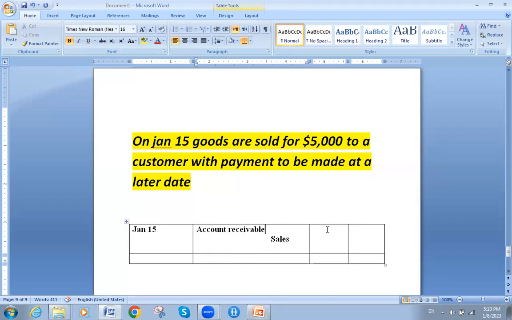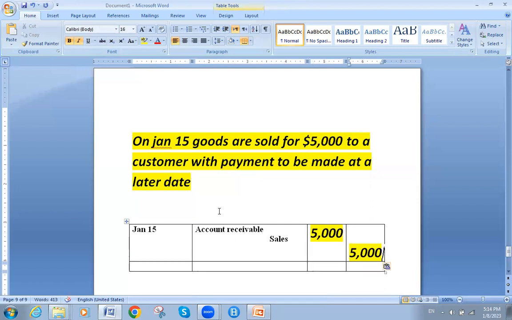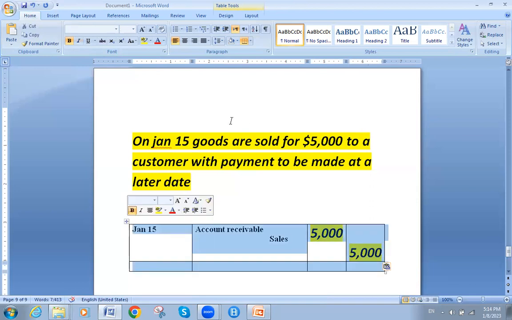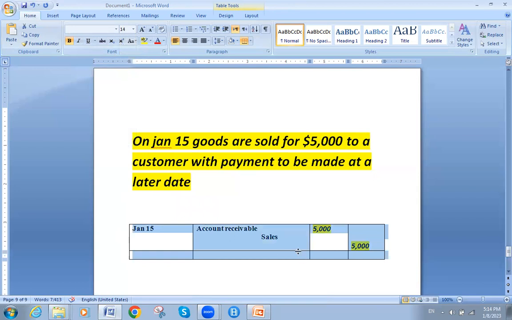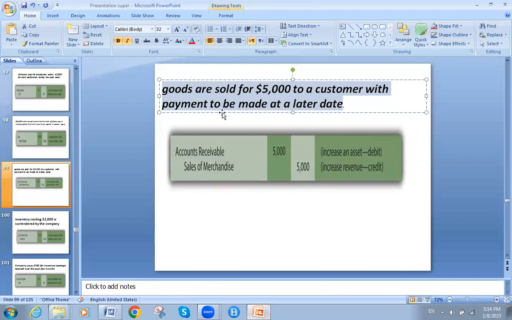Okay. So the amount is 5,000. Here is the 5,000. Control C, Control V. Again, Control V, and we'll make the whole table so that it will be adjusted in front of itself. Here, 14. So here it is.